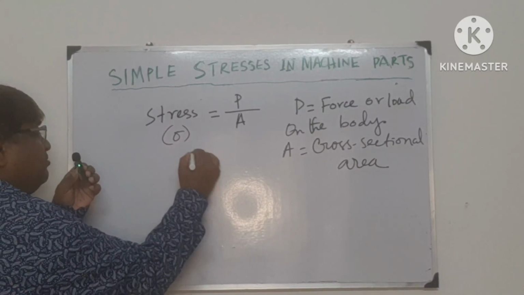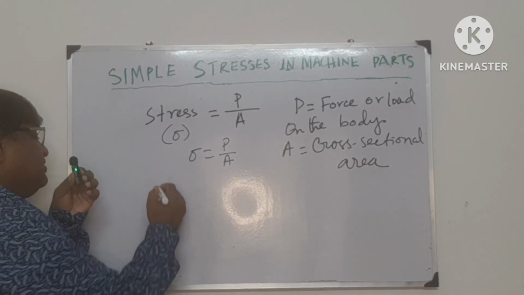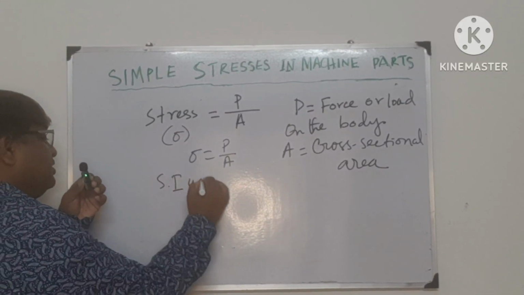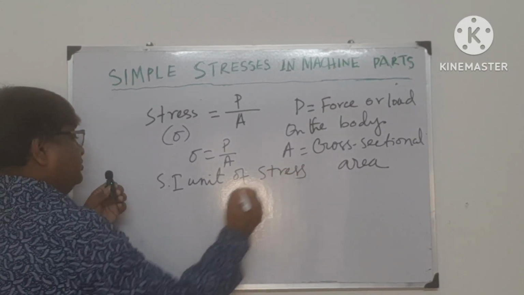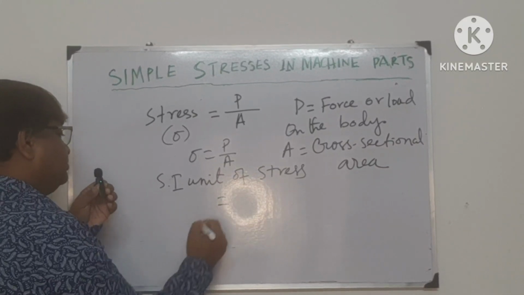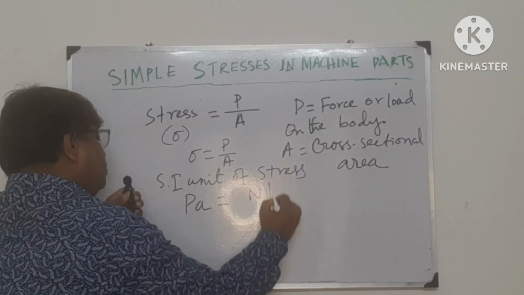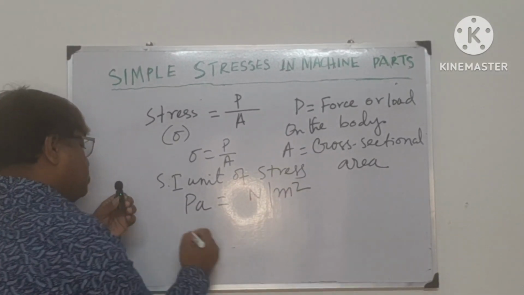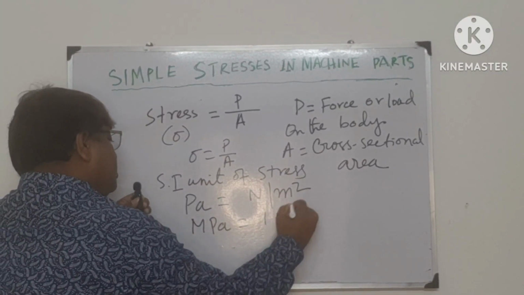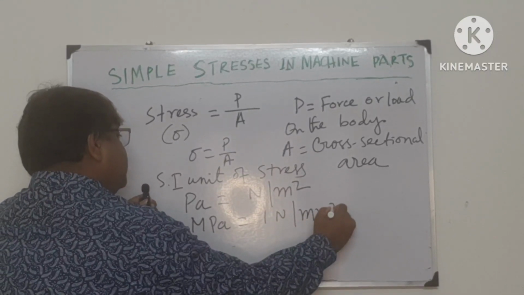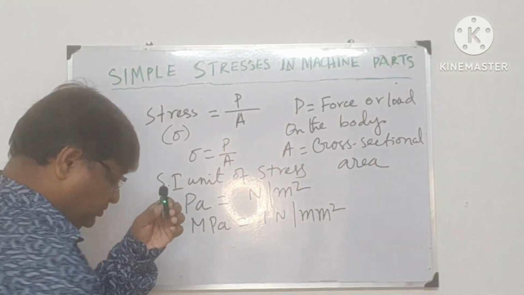So we can write sigma is equal to P by A. What is the SI unit of stress? We can say Pascal, that is Newton per meter square, or megapascal, which means 1 Newton per millimeter square. So this is the SI unit of stress.